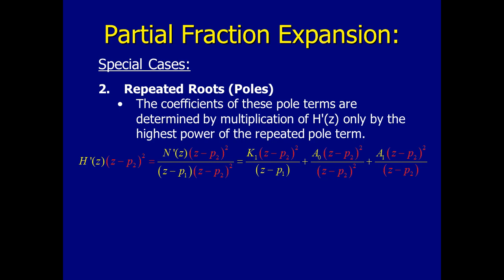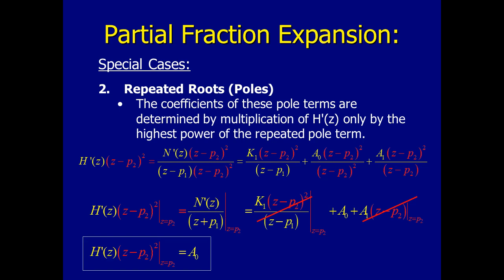So we'll multiply the function by that root to the highest power that it is, in this case z minus p2 squared, and replace z with p2, the value at that pole. And if you plugged it in and looked at the partial fraction expansion, and did those operations on it, you would see that yes, all the other terms do cancel except the A0 term. So that's making sense mathematically.